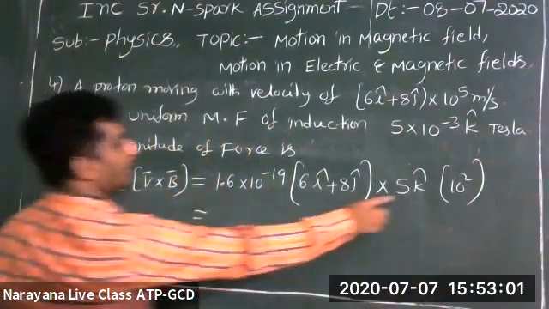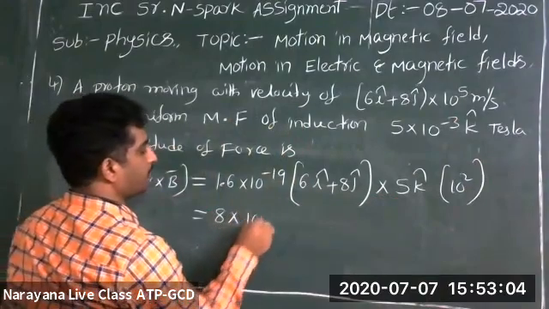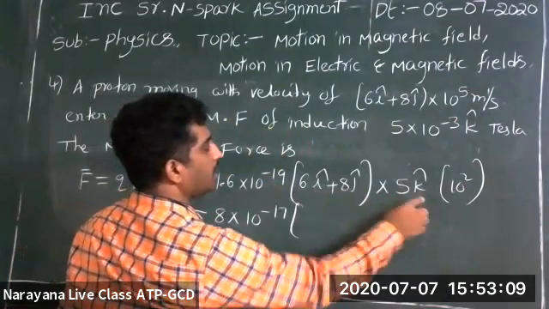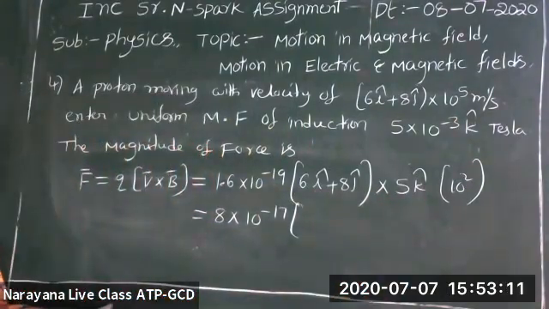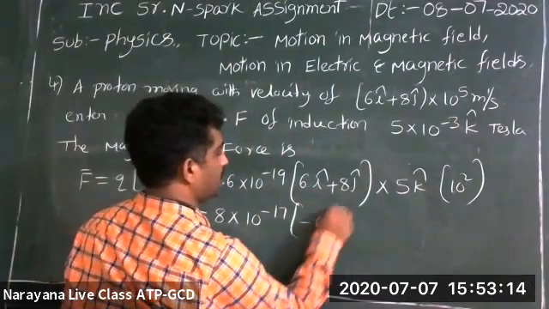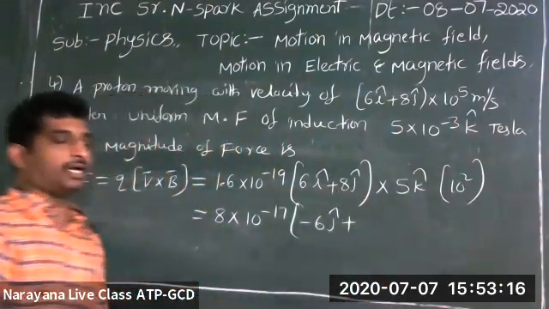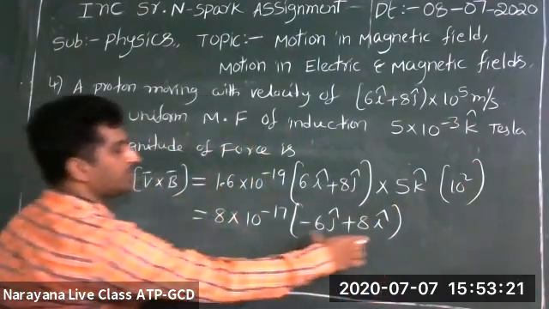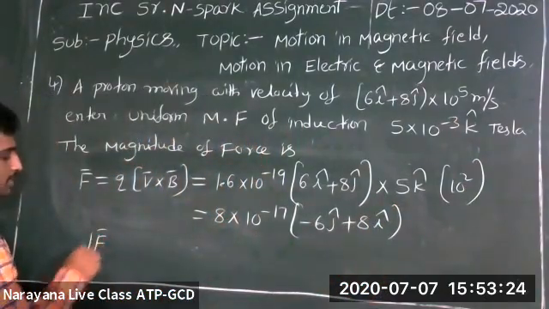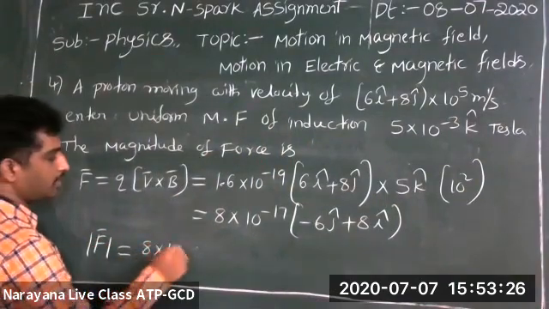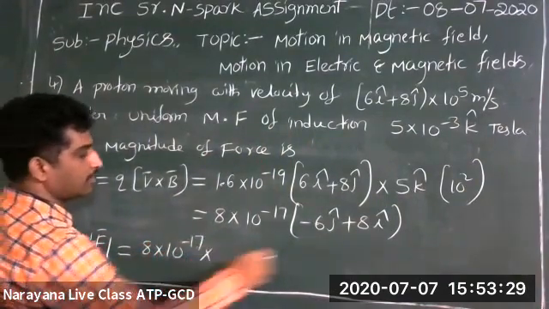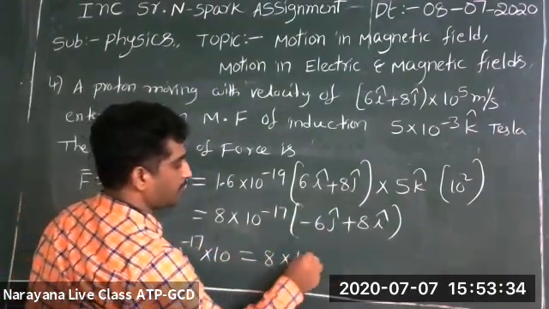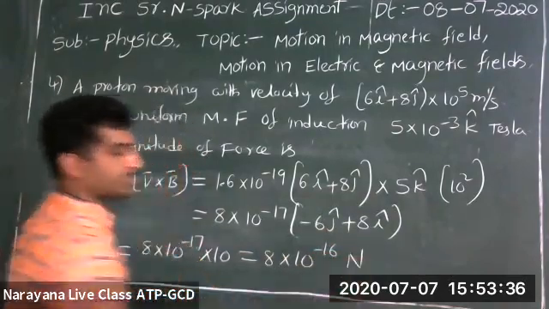So it is 5 into 1.6, 8 into 10 power minus 17. So here i cap cross k cap is minus j cap, minus 6 j cap plus j cross k is i, so 8 i cap. So the modulus of F bar is 8 into 10 power minus 17 times the vector magnitude, which is 10. So 8 into 10 power minus 16 Newton.